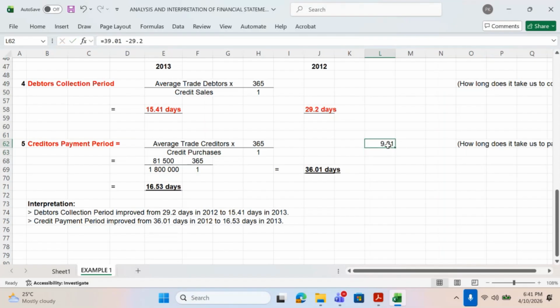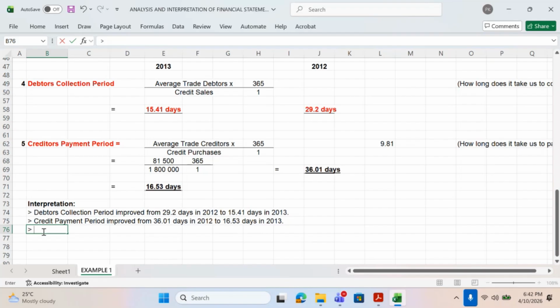How much? 9.8 days, right? Creditors are paid 9.8 days after collecting from debtors. That's a good thing because we're collecting within 29 days and then we're paying within 30 days, which means now we do have cash available to pay our creditors. Then it's fine. Let's pay them.